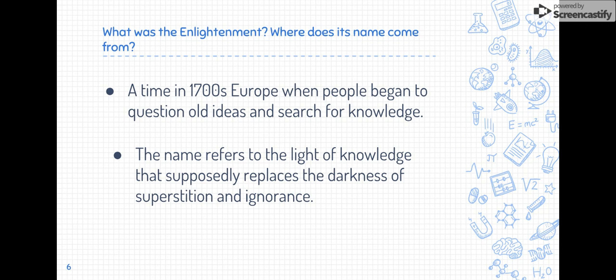During the Dark Ages or the Middle Ages, there's not a whole lot of people searching out things. They're very superstitious, especially around the plague. And so the Enlightenment is a change in that people are no longer being as superstitious and they're looking towards science and reason to explain things rather than superstitions. And that's where it gets its name.